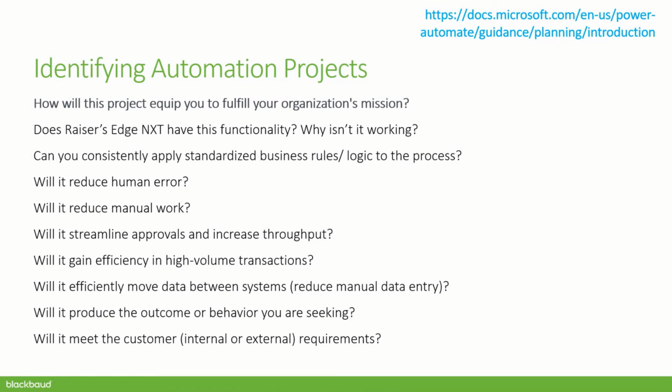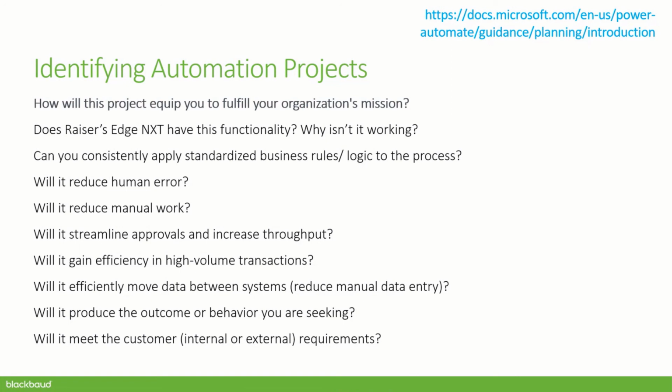And the goal here is to make sure that we are supporting our organization's missions with the automations. It's great to start with those smaller projects and then make sure that they align with capabilities that are outside of what Razor's Edge NXT is already offering.